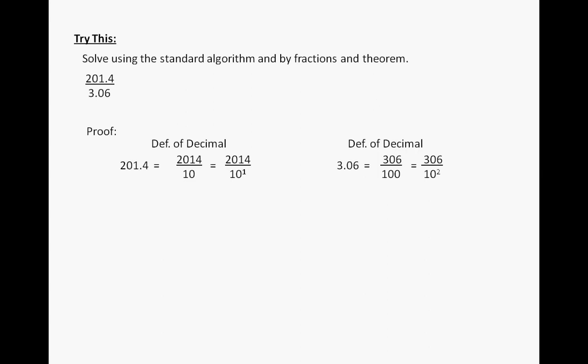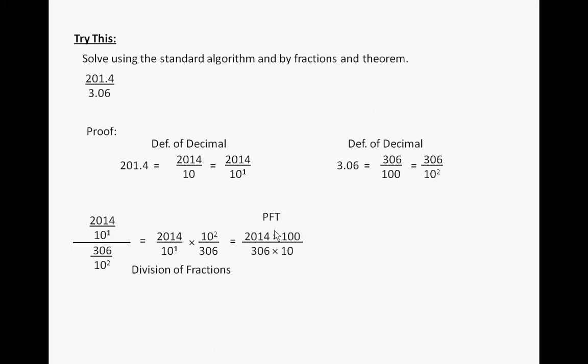And 30.6 becomes 306 over 100. If you set that up as a complex fraction so that they are being divided, then by definition, division of fractions, we end up multiplying by the reciprocal. 306 over 10 is not the same, but the reciprocal of 10 squared over 306.